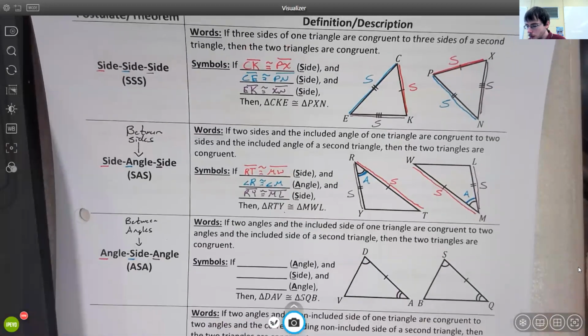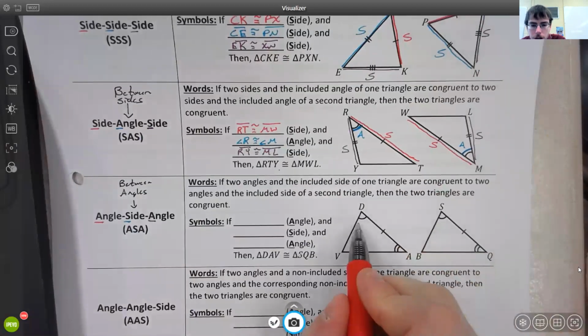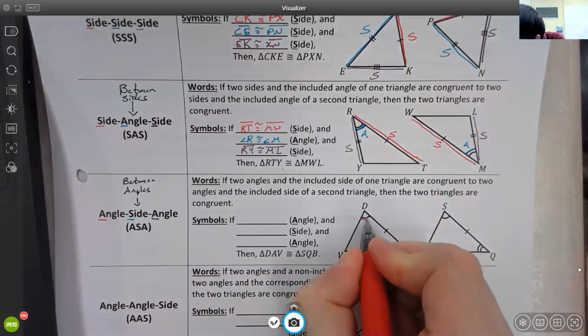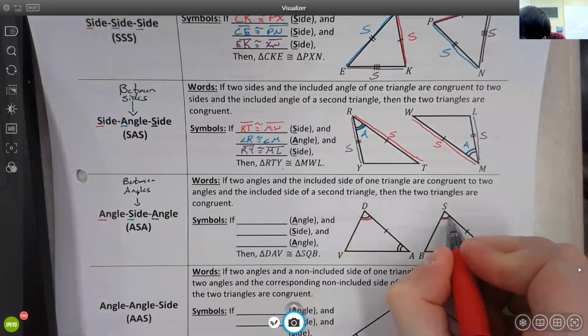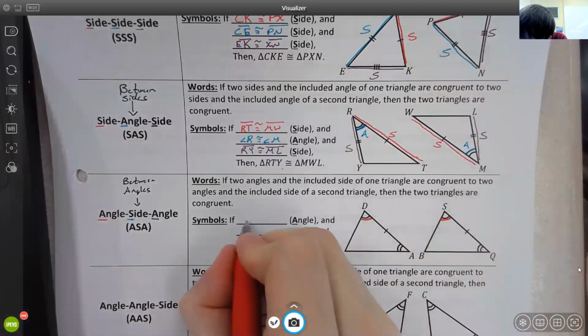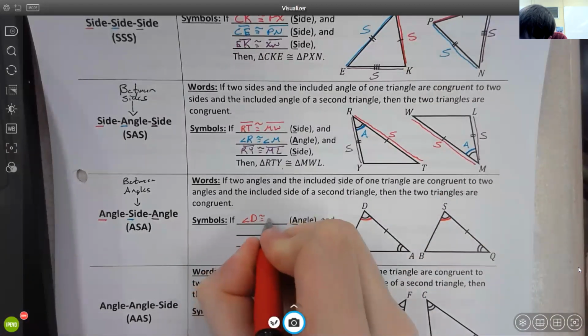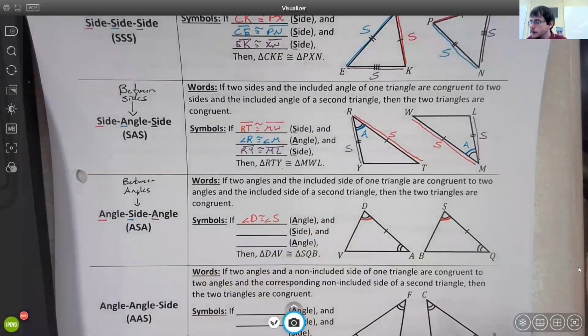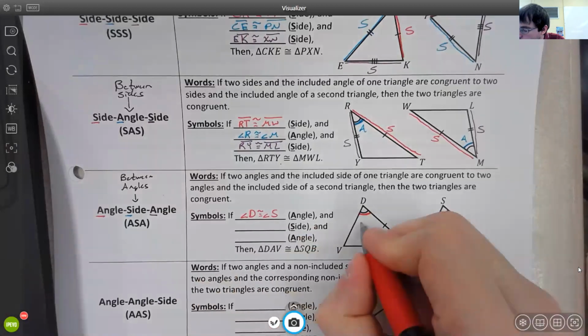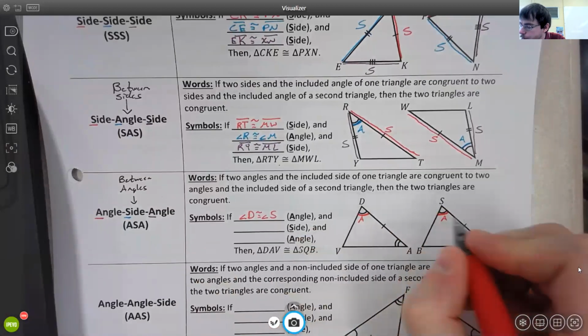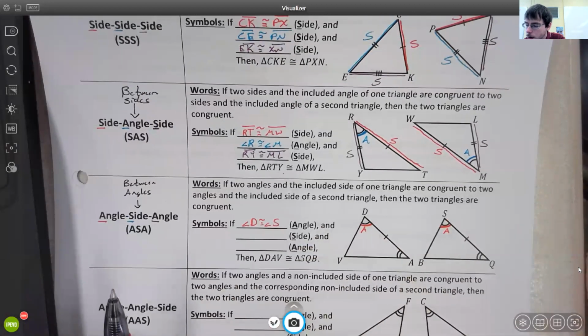So let's look at that. We're going to start out with angle D. It has one congruent tick mark. And we see that S also has one congruent tick mark. So angle D is congruent to angle S. Then we are side. Our side is in between. I'm going to go ahead and put an A here for angle.